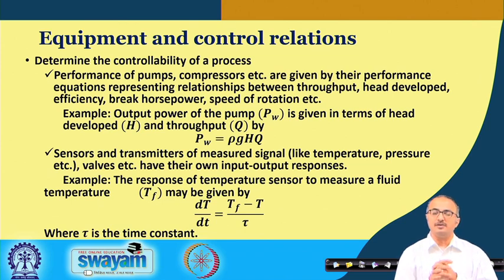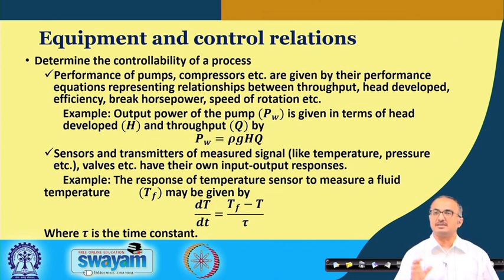For example, suppose we are exposing a thermometer or any other temperature sensor to some particular fluid. It will take some time for the sensor to respond and come to a steady value of the temperature.